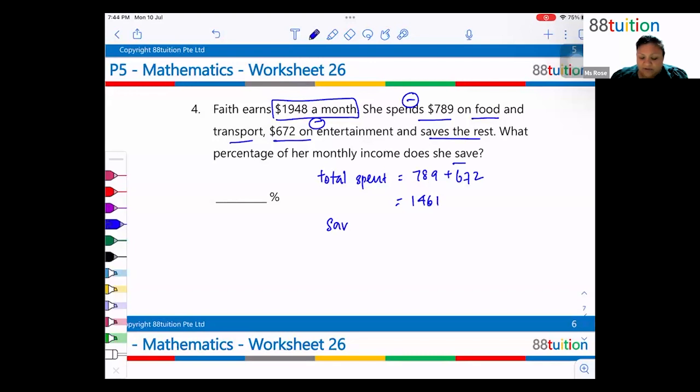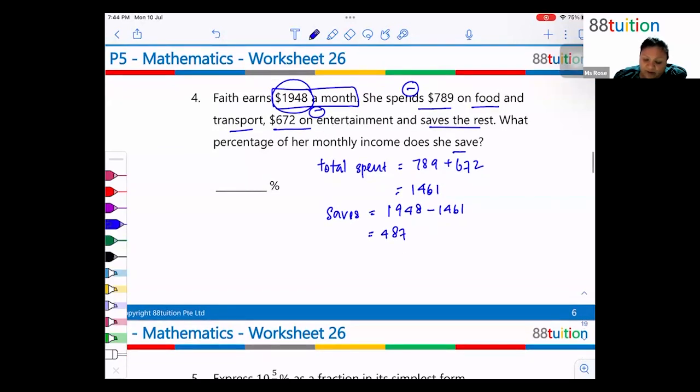So saved would be, I take the total monthly salary of 1,948 minus 1,461 to give me 487.